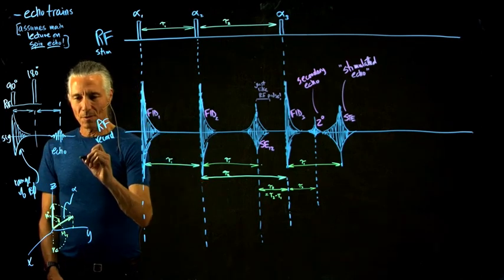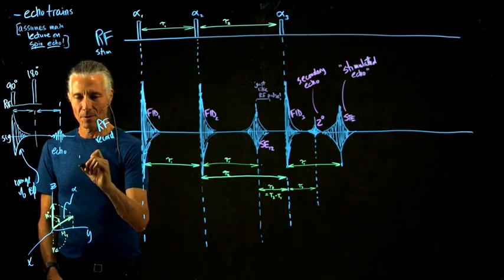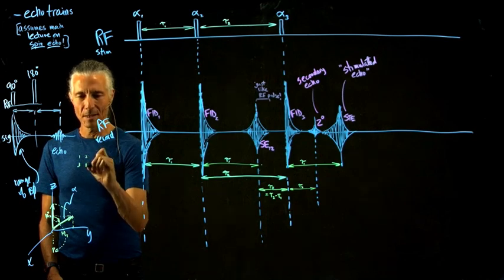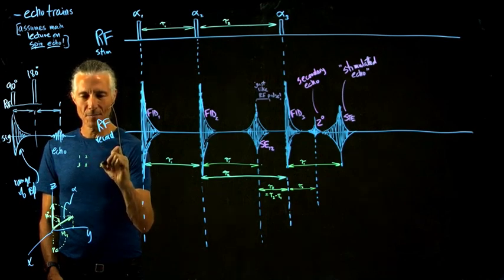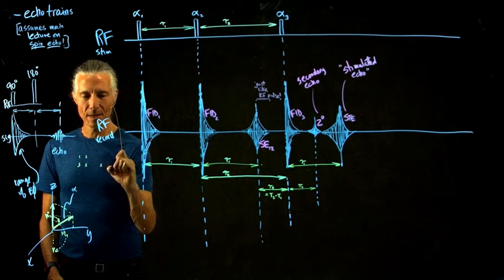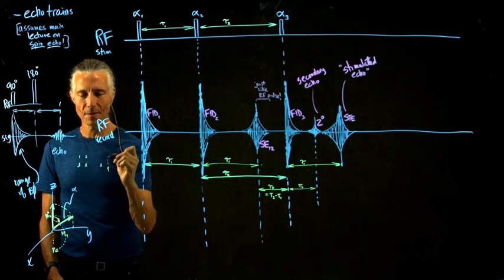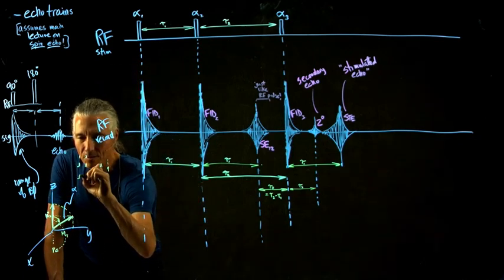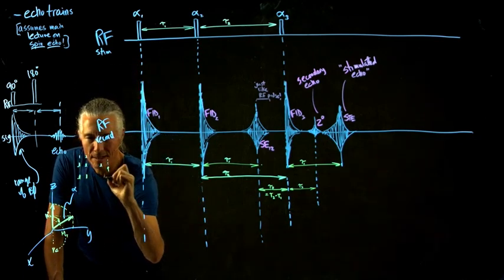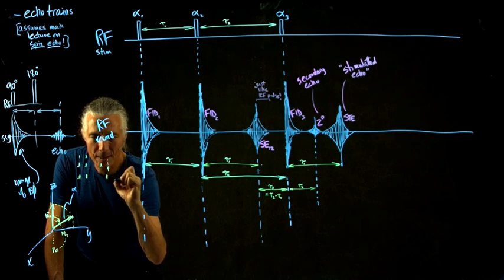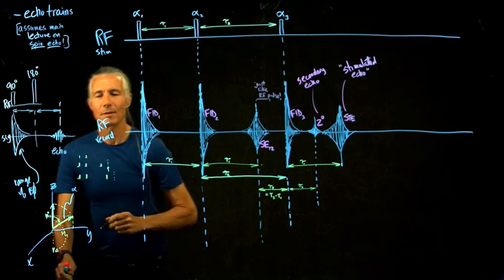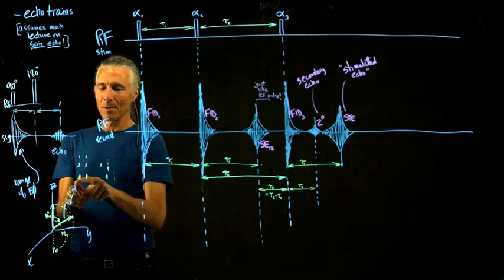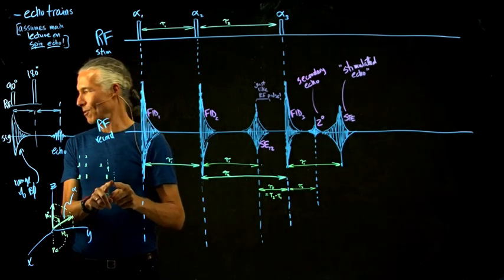If you do one RF pulse, and then two RF pulses, and then a third RF pulse, the stimulated echo will appear here. And if we do two RF pulses like this and put this one off, the stimulated echo will appear here. So it always appears pulse 1 to 2 after the third pulse.